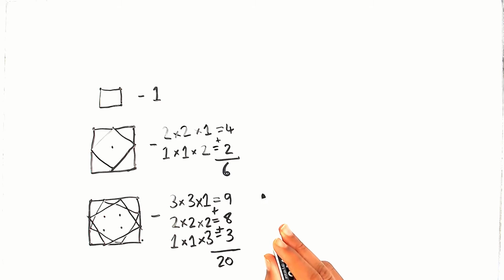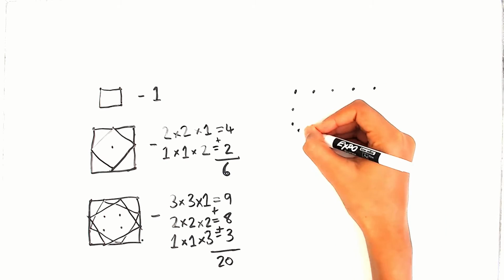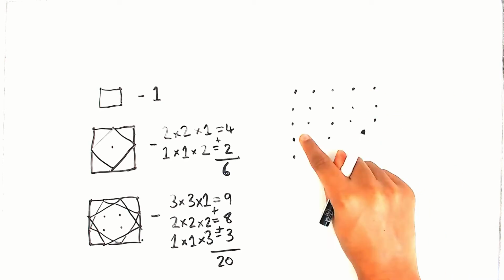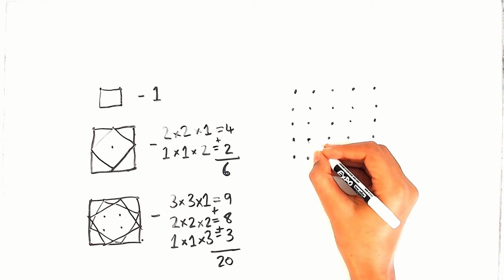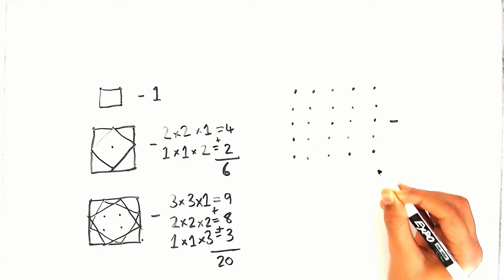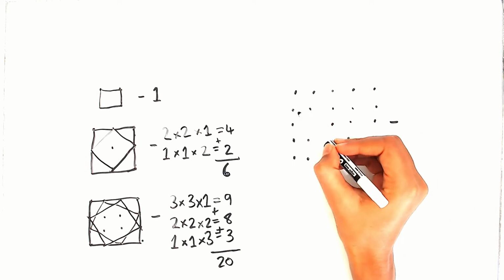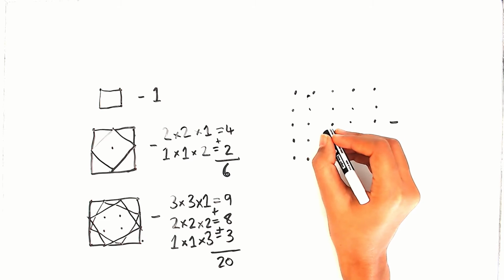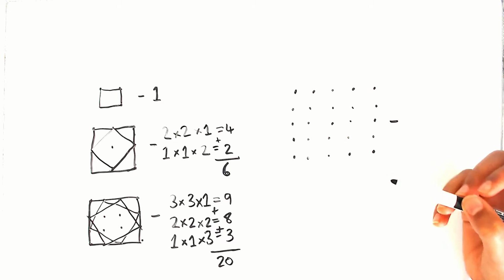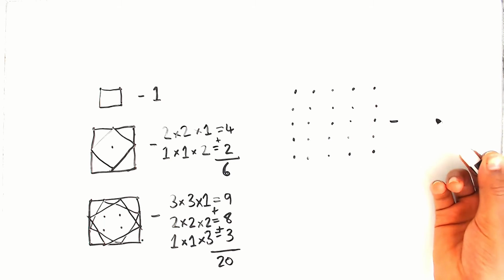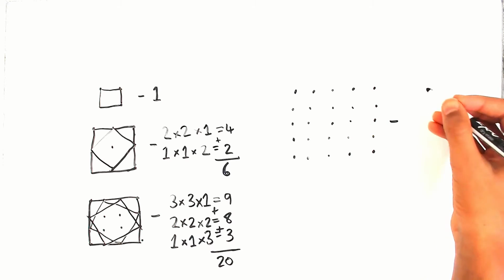So now, let's go with 5 by 5 dot squares. Okay, so here, let's start off small too. So 2 by 2 dot squares. So we see 1, 2, 3, 4, 4 columns. So that also means 4 rows.